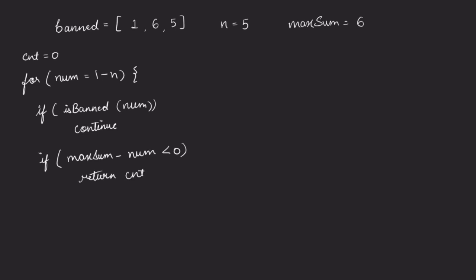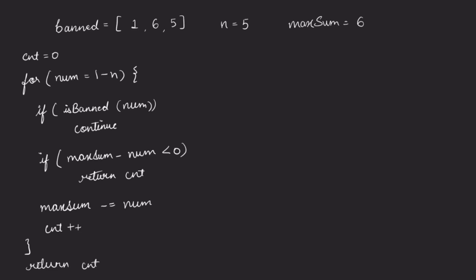Return the count, right? Otherwise, if it is not coming as negative, then that means we can choose this element. And if we are choosing this element, then first we need to update our max sum. So we will subtract the current number from it and we will increment our count by 1, right? So this is what we can do. And at the end, we can return our count, right?